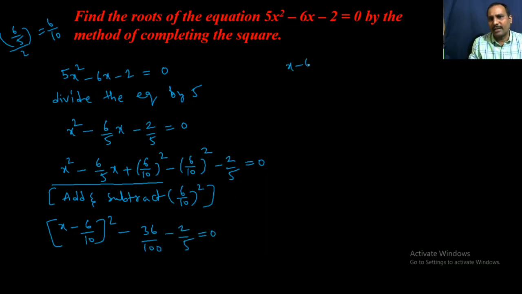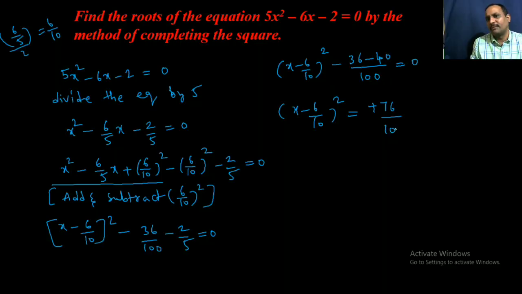So x minus 6 by 10 whole square minus, LCM is 100 here, and if you simplify you will get 36 minus 20 into 2, that is 40, is equal to 0. So x minus 6 by 10 whole square is equal to minus 76 by 100, and if you send it to the other side it will become plus 76 by 100.